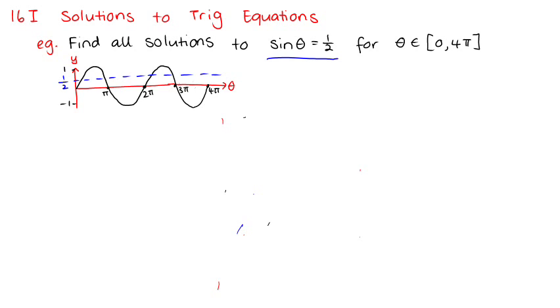So what we see is that the solutions of sine theta equals 1/2 is where that dashed line crosses our sine graph. So there's a solution here, here, here, and here. So there's a total of 4 solutions. And the solutions are the x values at that point. So we're looking for this value here, this value here, this value here, and this value here.